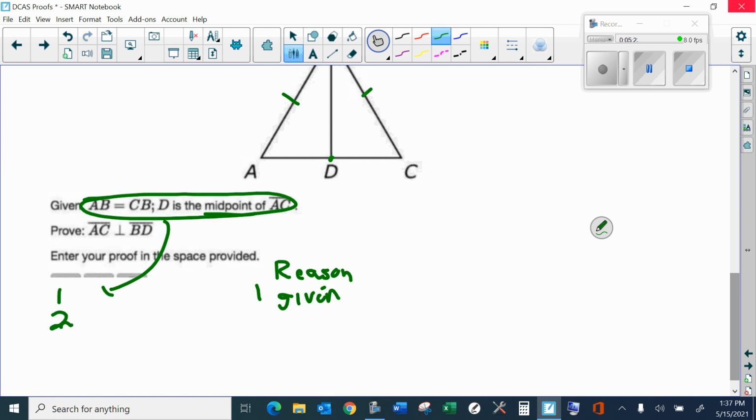Okay, next I have that vocab word, so I can now say segment AD is congruent to segment CD, definition of midpoint.